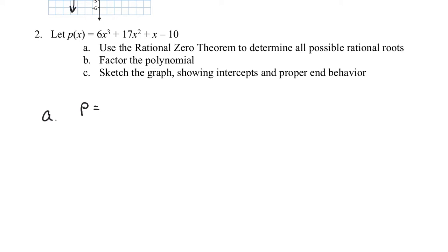The values for P are the factors of 10, which are plus or minus 1, 2, 5. Those are the factors of P. And then the factors of Q are the factors of 6, so plus or minus 1, 2, 3. Those are P and Q separate. Your possible rational zeros, though, are P divided by Q. That's what we really need to get to.